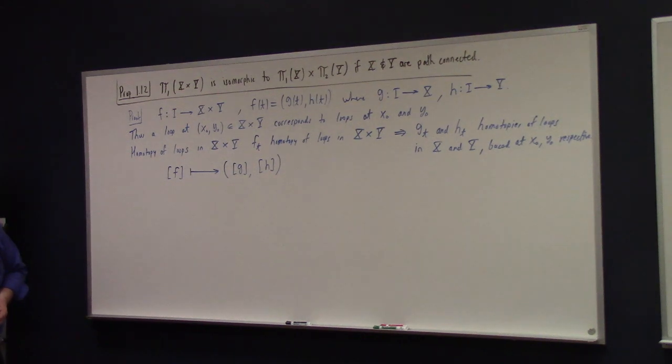Oh, well, he says I missed a sentence, it's kind of important. He says, similarly, a homotopy F sub t of a loop in X cross Y is equivalent to a pair of homotopies G sub t, H sub t of the corresponding loops in X and Y. Thus we obtain a bijection from the fundamental group based at x naught, y naught in X cross Y with the fundamental group of X at x naught, direct product with the fundamental group of Y based at y naught, given by the thing I wrote on the board.